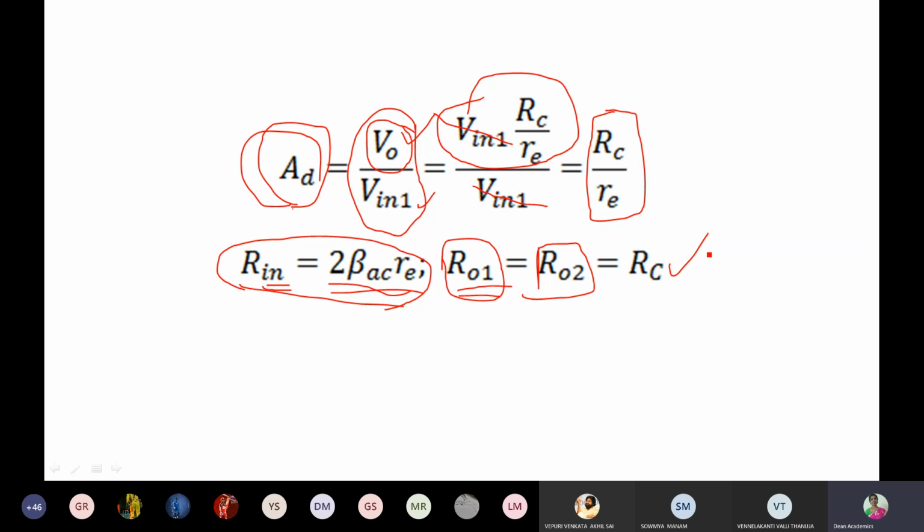Is this single input balanced output differential amplifier clear to you or not? Is it clear or not? Yes, ma'am. Clear, ma'am. Okay, good. Right? I think I am saying this repeatedly, so those who are listening may find it boring because I have repeated it several times.